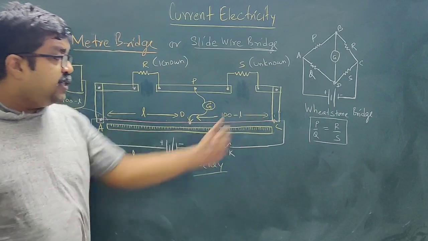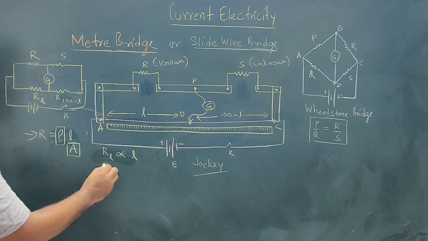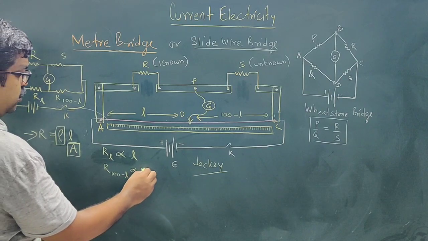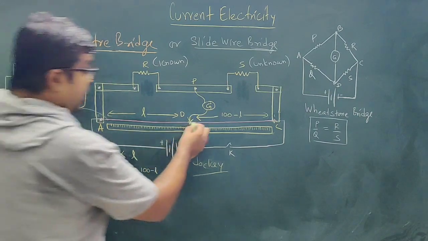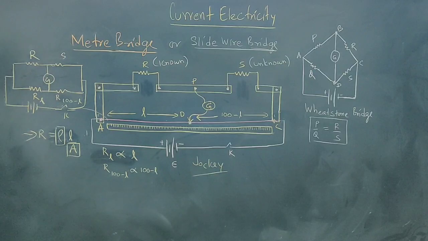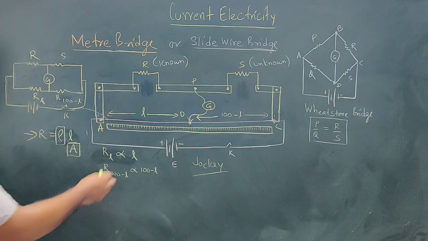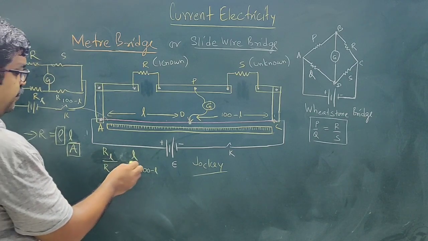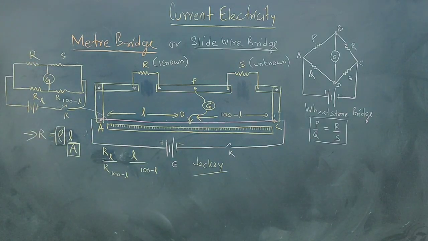So similarly for this segment, the resistance R 100 minus L is proportional to the length 100 minus L, because the length of this part is 100 minus L. So if these two quantities are proportional, we can very well divide them.